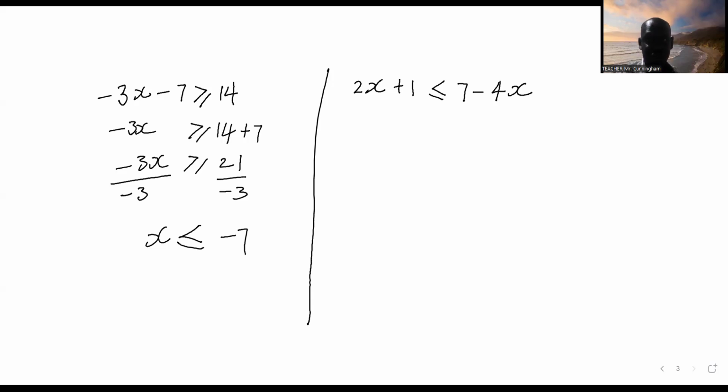We're doing this one quickly. We're almost done for the night. 2x plus 1 is less than or equal to 7 minus 4x. Will you give me the answer to that?